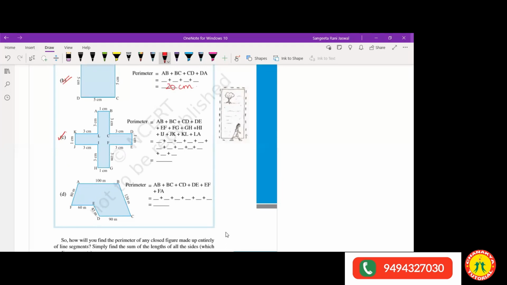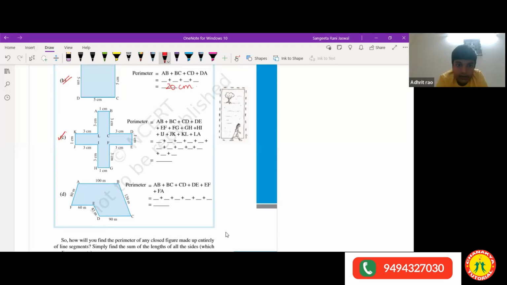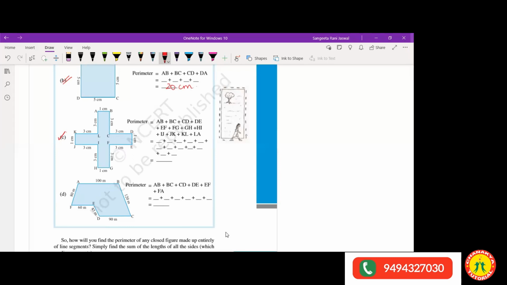Adrit has done? Rishit also done. Okay, good. Adrit, tell me. Ma'am, I got 24 centimeter. Ma'am, I got 28. So how come two answers? Please check both of you. Check the calculation.